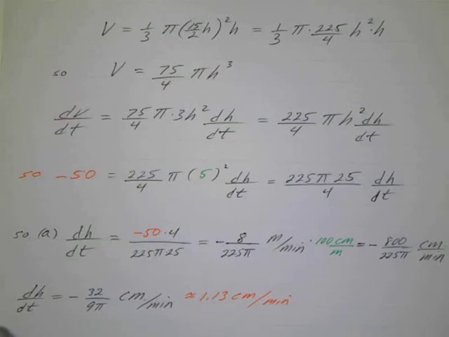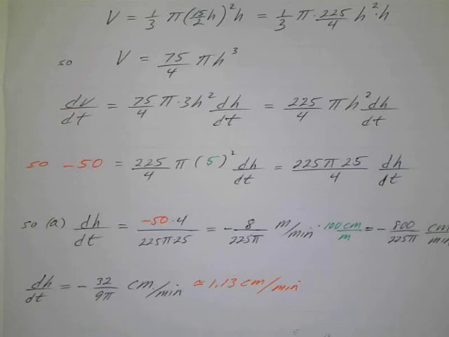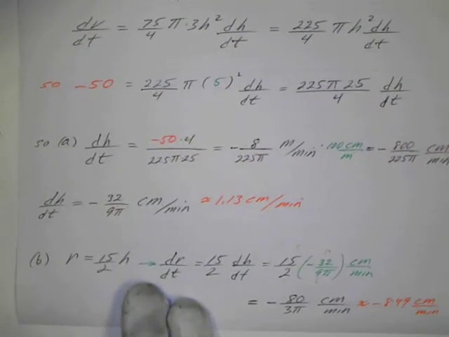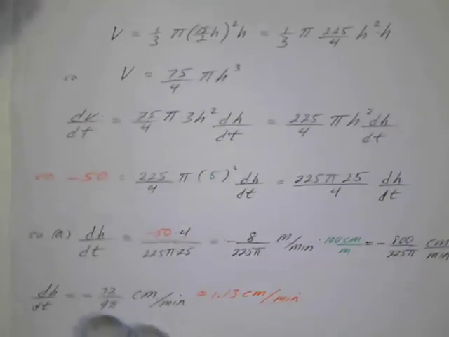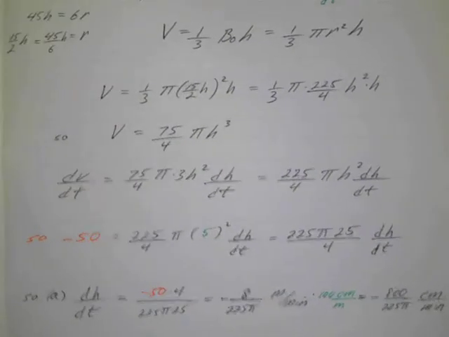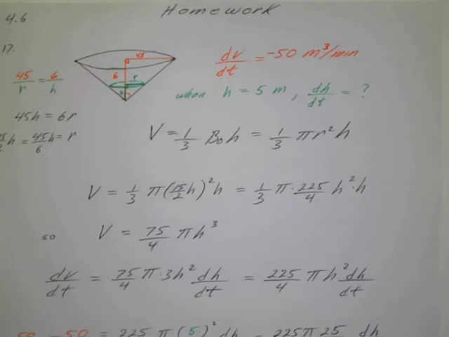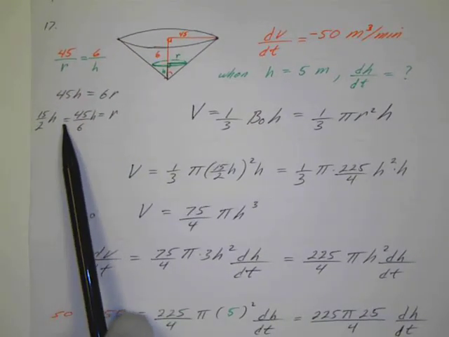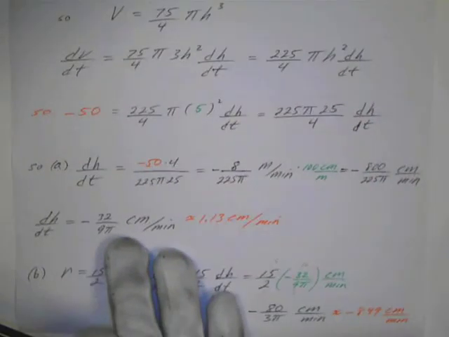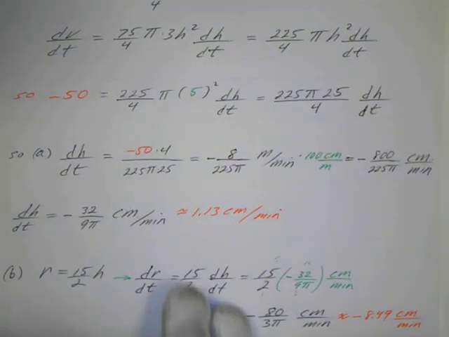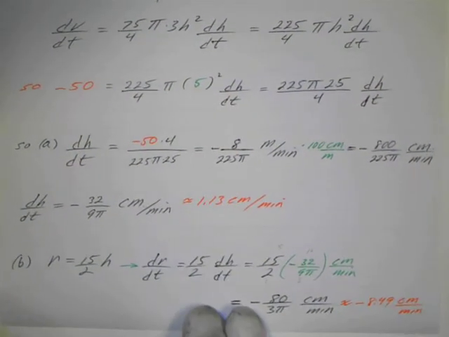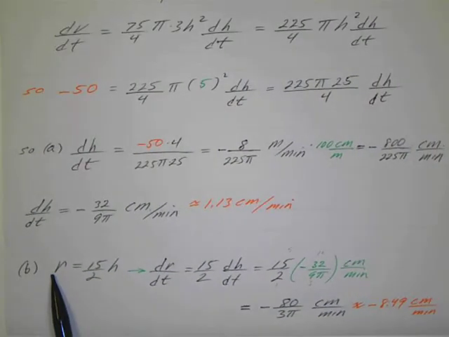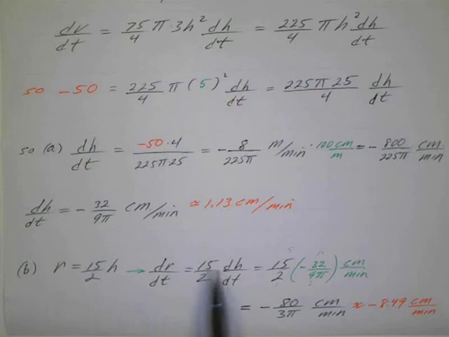Okay, now we want to find dr/dt, and again, like in problem number 16, we already have this relationship. We know that r equals 15 over 2 h. So since r equals 15 halves h, if I take the derivative of both sides of this nice easy little equation, I get dr/dt equals 15 over 2 dh/dt.